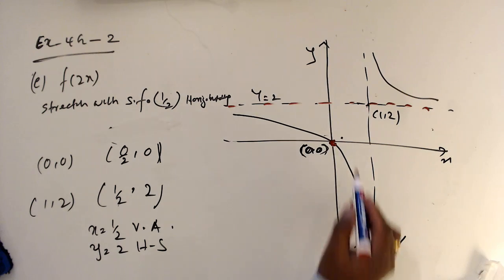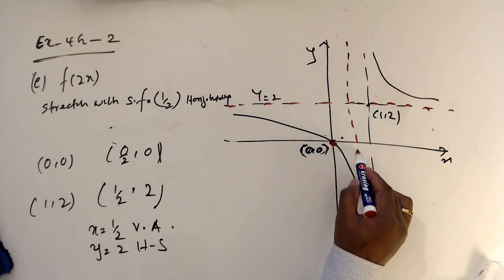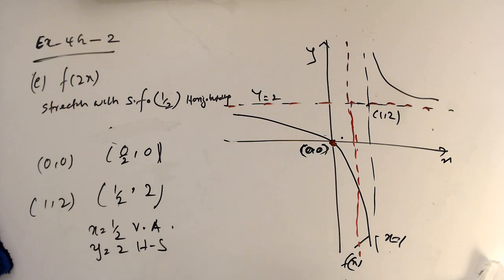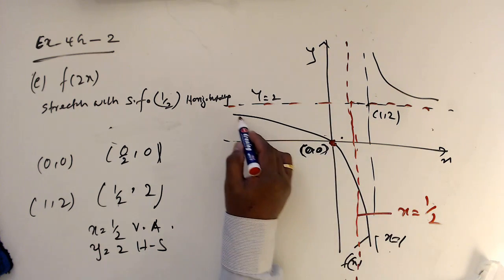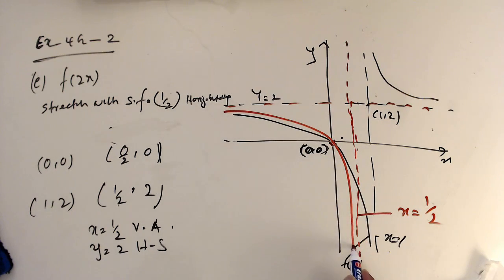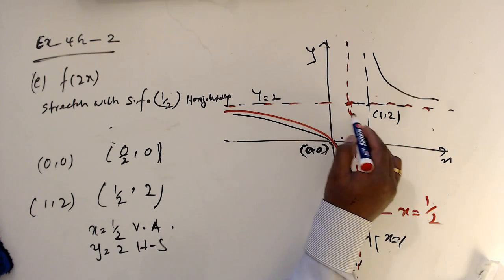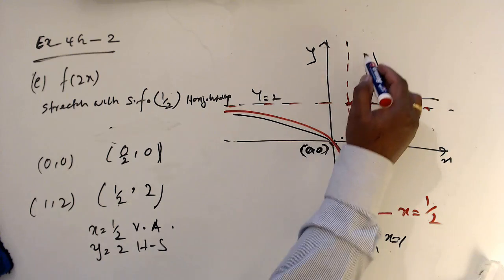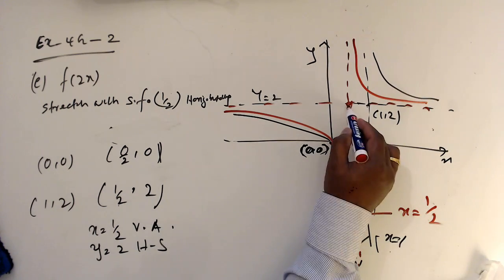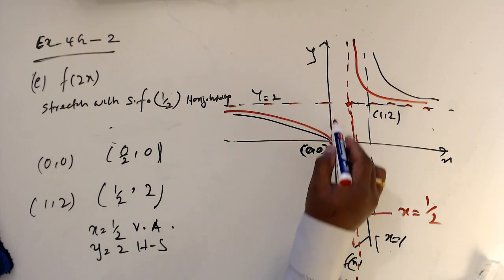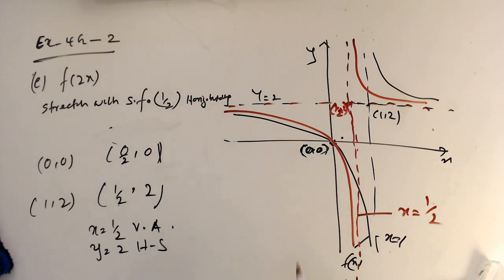Only x equal 1 becomes x equal half. So now the new vertical asymptote is x equal half. Now this is the graph and this is the point. 1, 2 becomes half, 2. This is the half, 2 point.